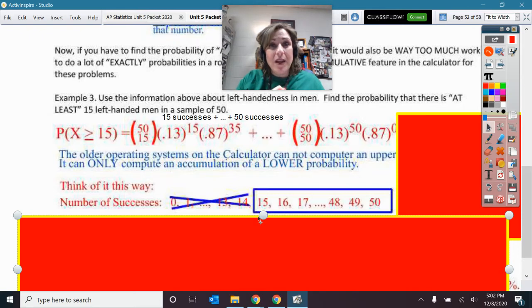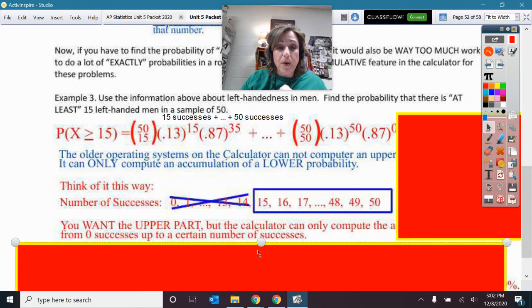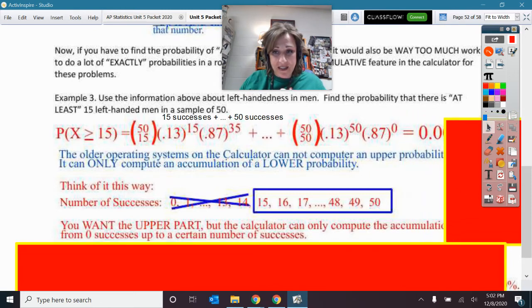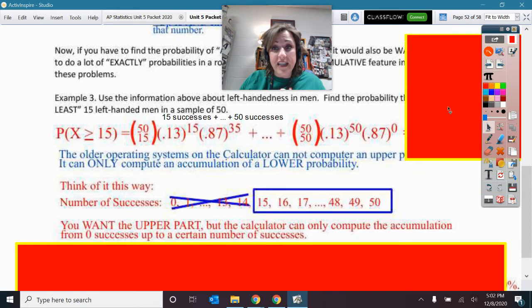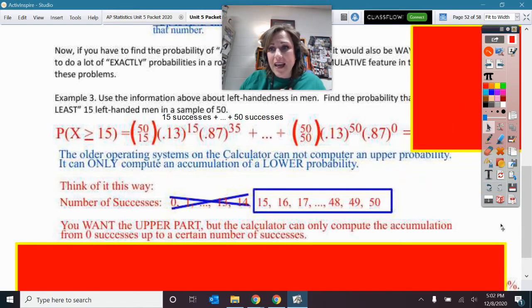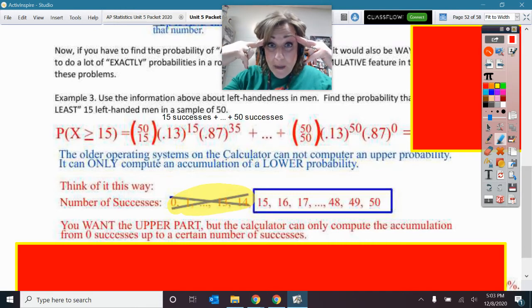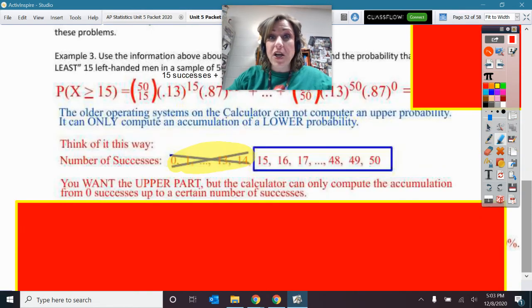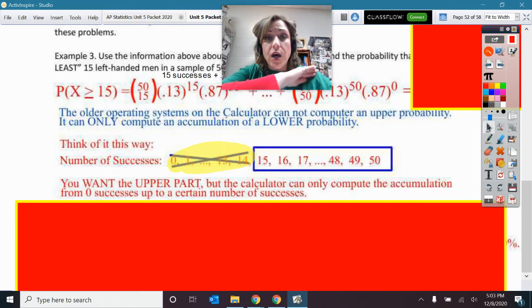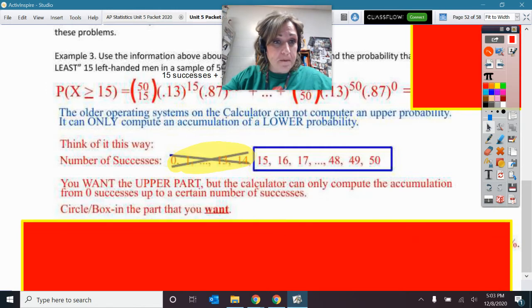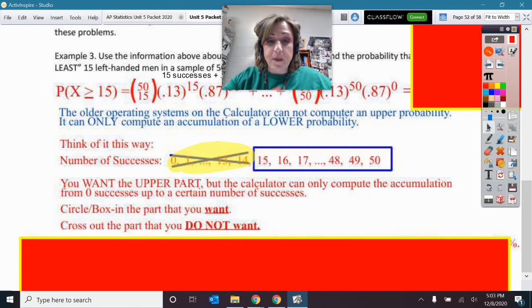So see, look, what happens if the part that I don't want is what my calculator can give me? My calculator only has the ability to compute that part that I don't want. So what am I going to do? Well, if that's the part I don't want, then I can just take 100% of the probability and cross out the part you don't want.